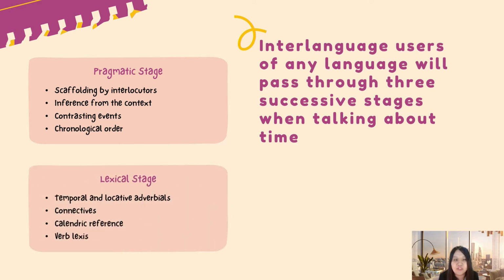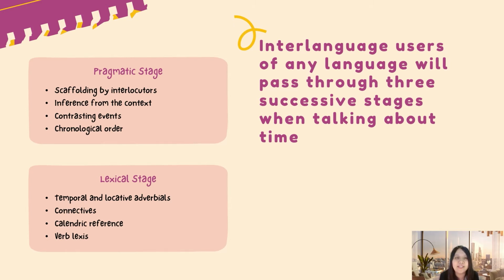The next stage is the lexical stage, where to express time learners rely on temporal and locative adverbials like now, then, and then on connectives, for example, and then. And then they will continue with calendric references, for example, May, or days like Saturday, Sunday. And they will rely on verb lexis, for example, start and finish.